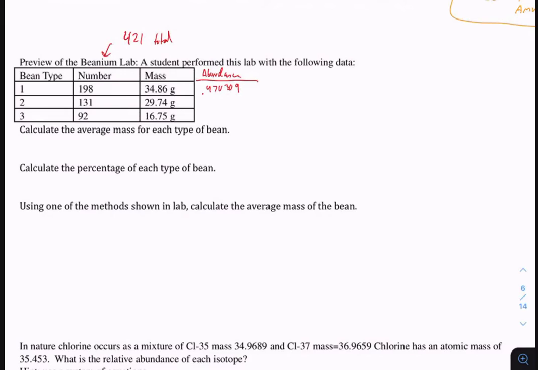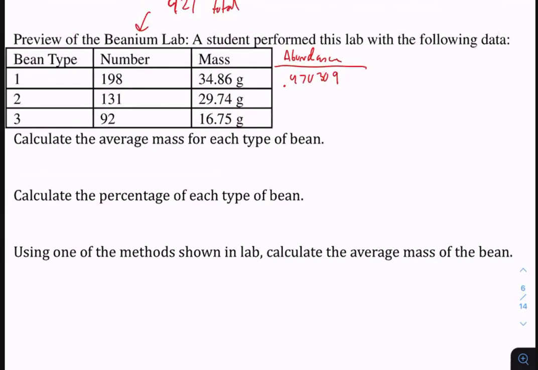Okay, because remember, if it's a counted object, they have infinite sig figs. All right, 131 over 421, 0.31164. And then for the last one, 0.218527. Okay. I have my abundance.